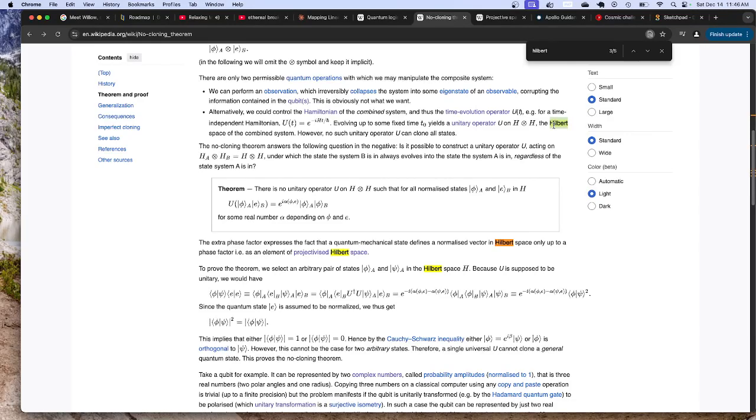Is it possible to construct a unitary operator that always evolves into the state regardless of the state of the system? Because you can't just set values, you need an operator.